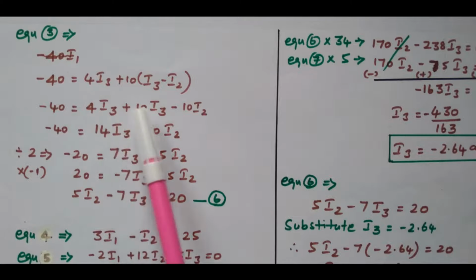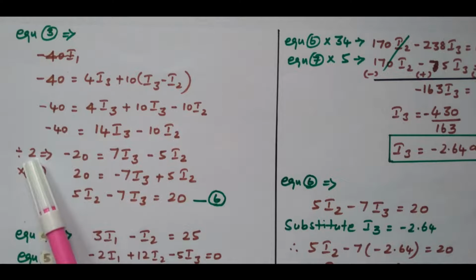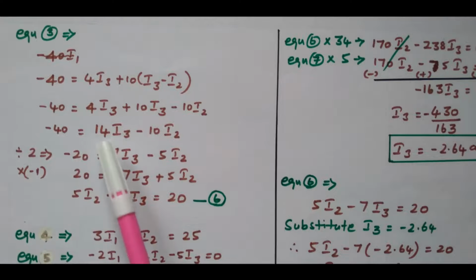Here i3 has 2 terms, 4i3 plus 10i3, so 14i3. Then 10i2 is available. This equation also we can divide by 2 for further simplification. Minus 40 divided by 2 is minus 20, 14 divided by 2 is 7, minus 10 divided by 2 is minus 5.